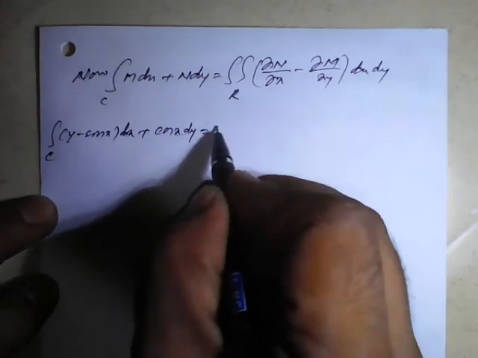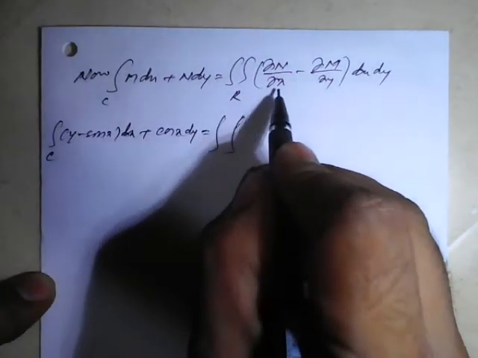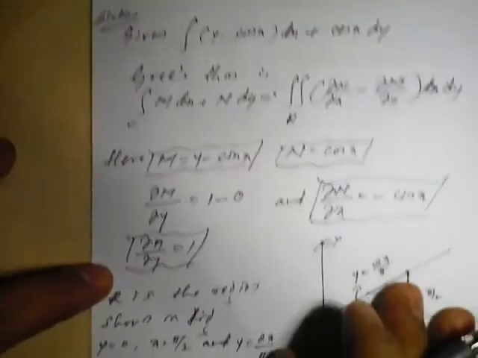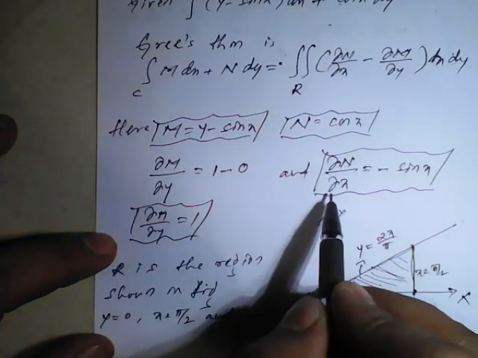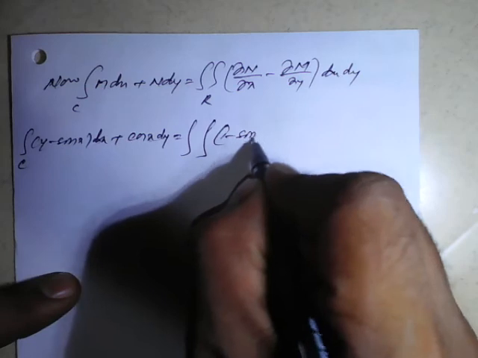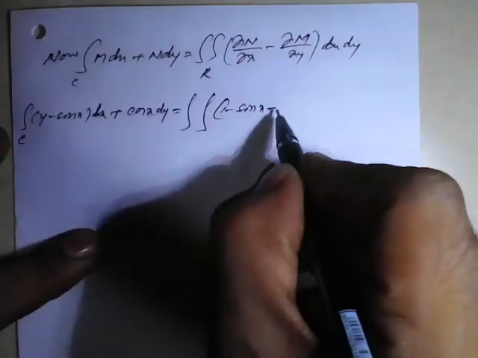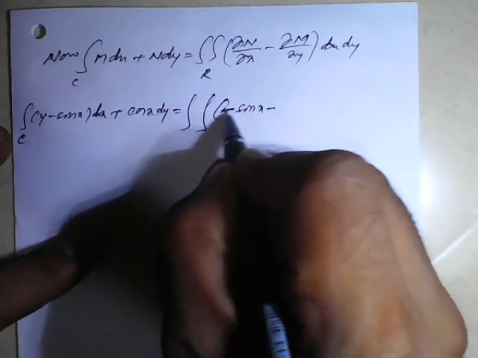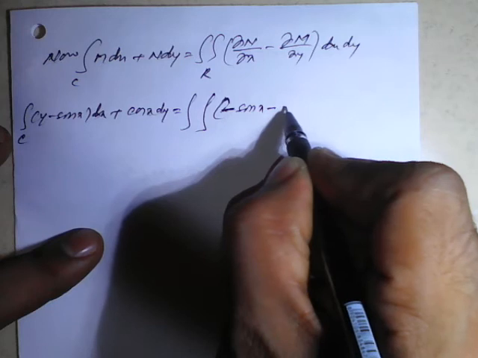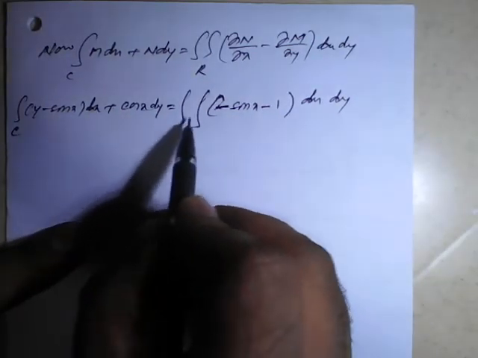So the double integral: ∂n/∂x we got as minus sin x, minus ∂m/∂y, which we got as 1. You replace it, this is minus sin x minus 1, into dx dy, but we need to apply the region.